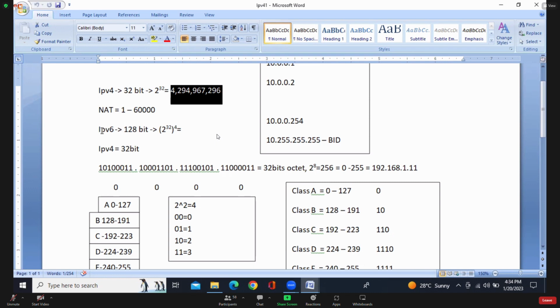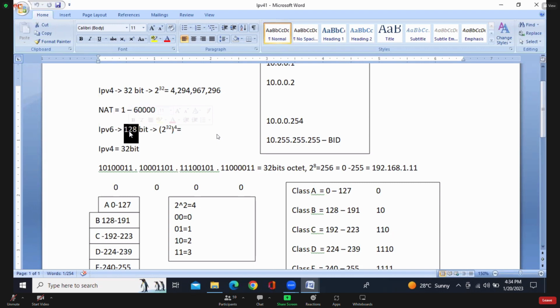Because of that reason, who introduced IP addresses and all those things to us? INA, very good. INA or ICANN. The ICANN people introduced IPv6, IP version 6, right guys? This is 128-bit addressing.